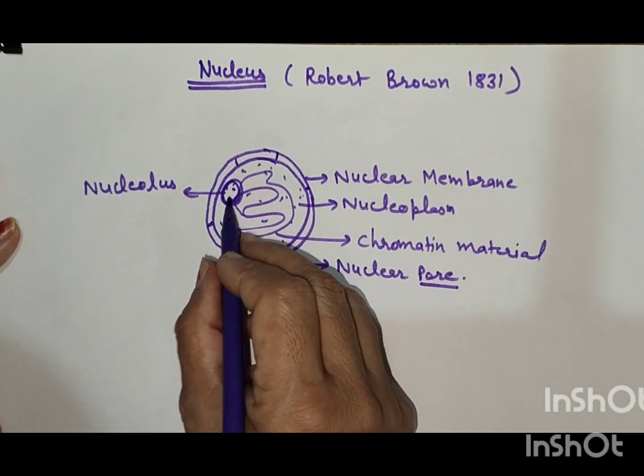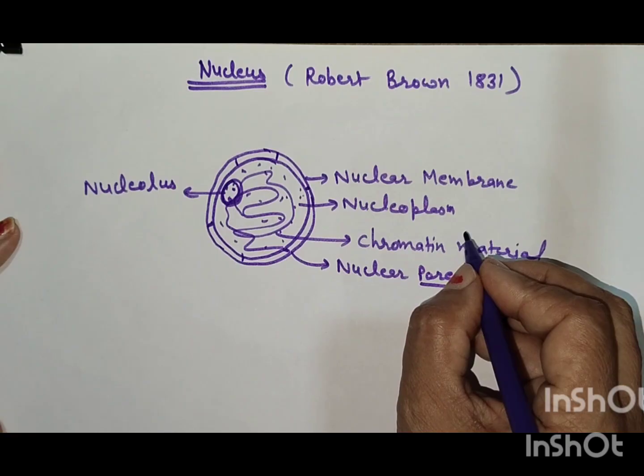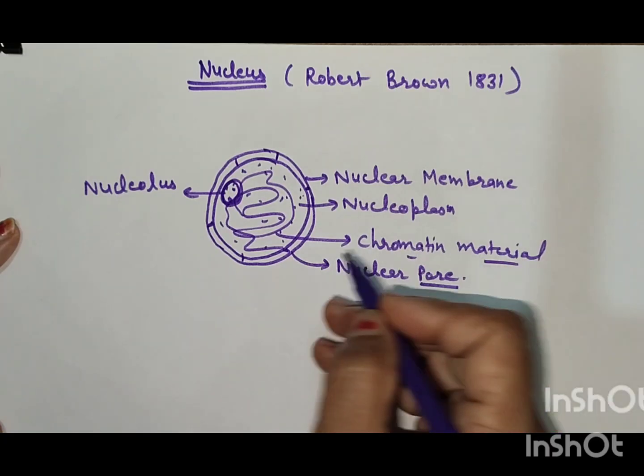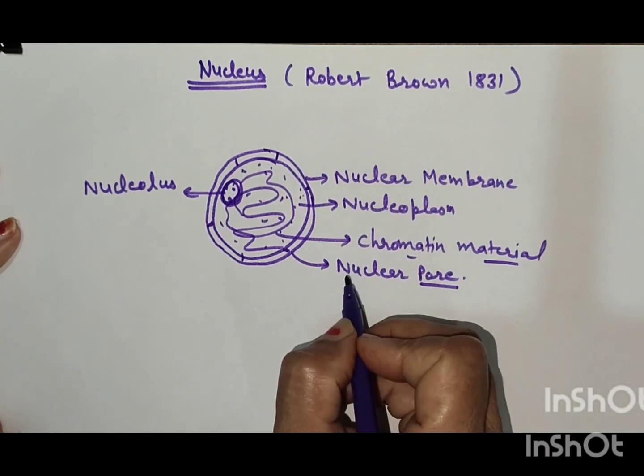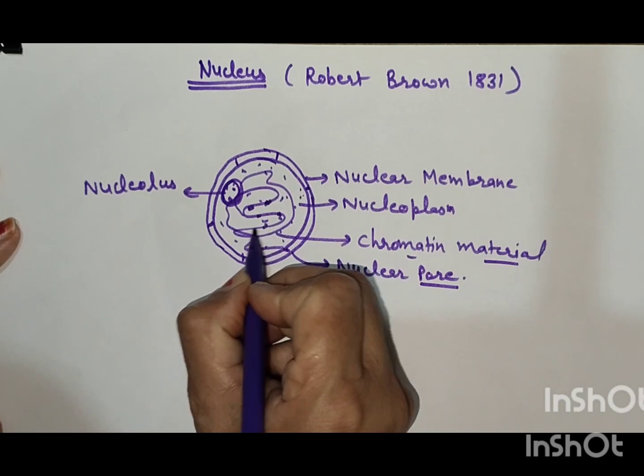Inside this is a liquid that is called nucleoplasm. It is homogeneous and granular. It is a dense fluid and has the chromatin material. Chromatin material is a thread-like structure.